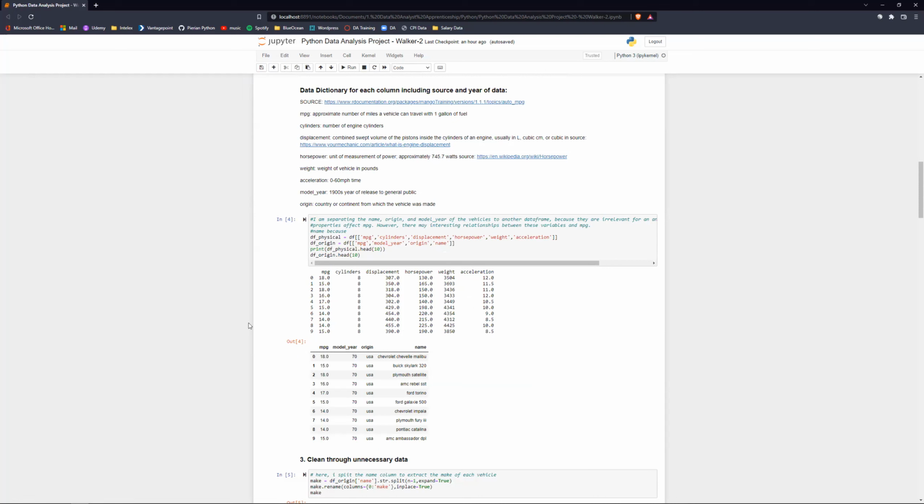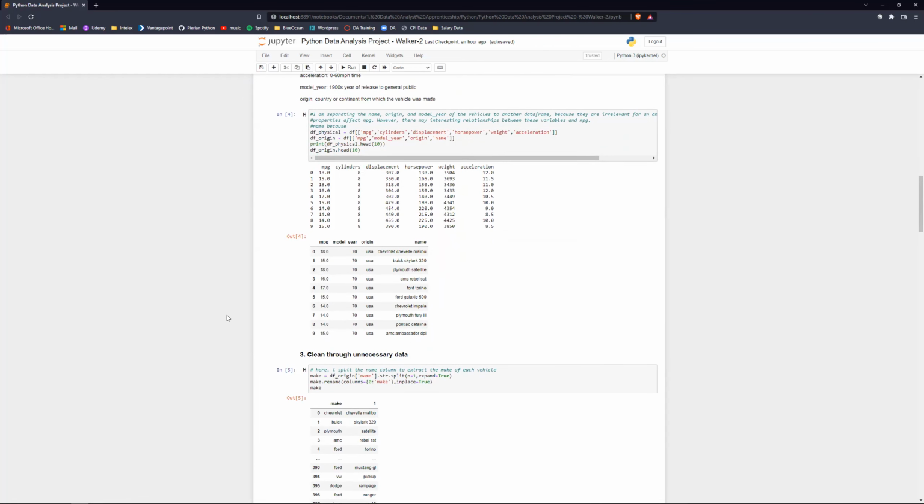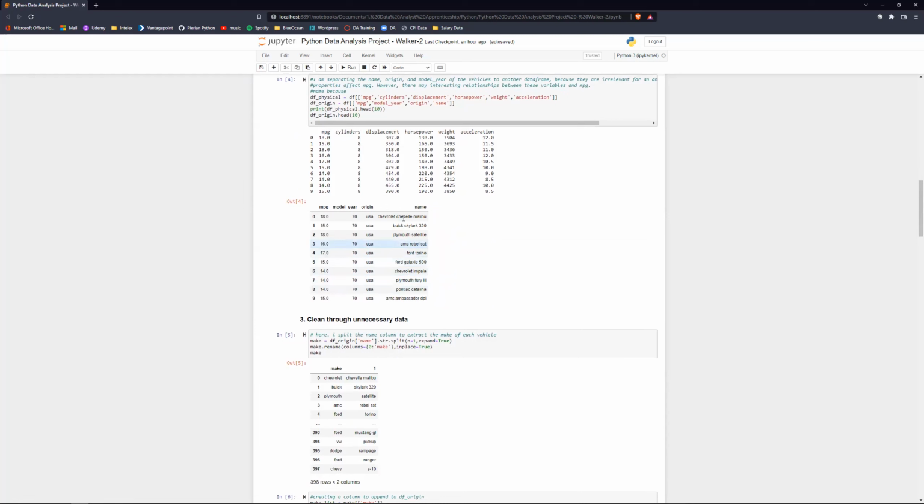And then once I had those two data frames, I started cleaning up some data. Looking at this, you can see it's the make and model of each car. But I was thinking that if I wanted to compare between vehicles themselves, doing it through make and model would give way too many different results.